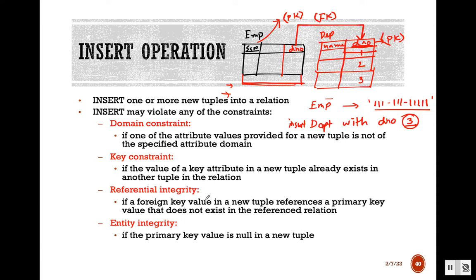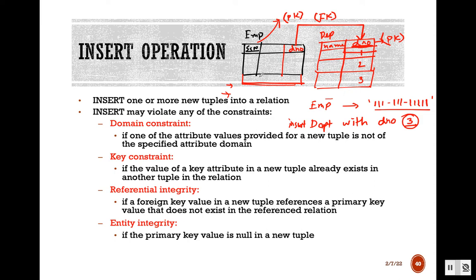All right, referential integrity constraint. The insertion can violate the referential integrity constraint. How is that? If a foreign key value in a new tuple references a primary key value that doesn't exist in the referenced relation, that will violate the referential integrity constraint.